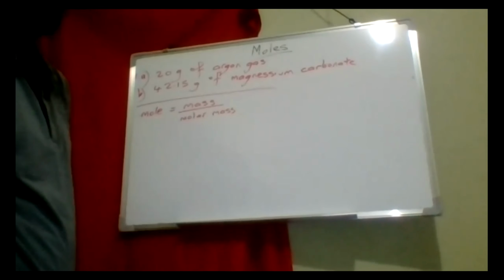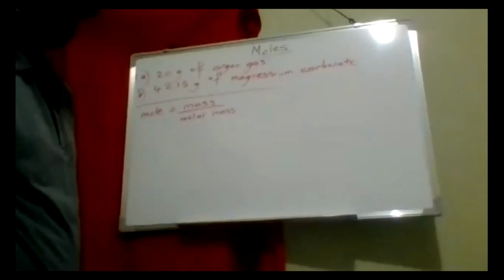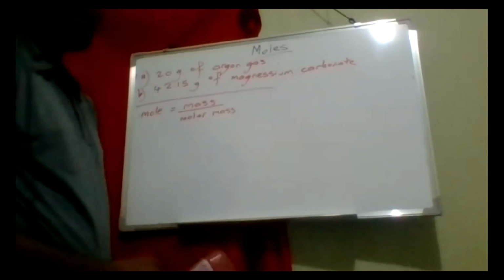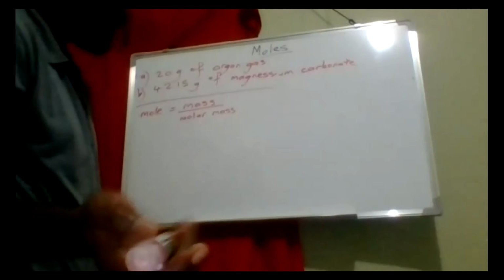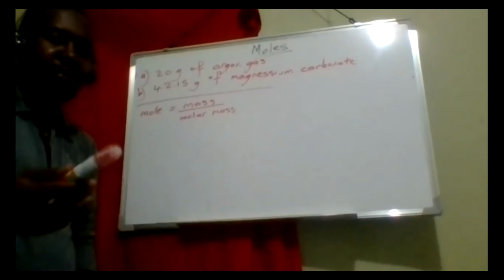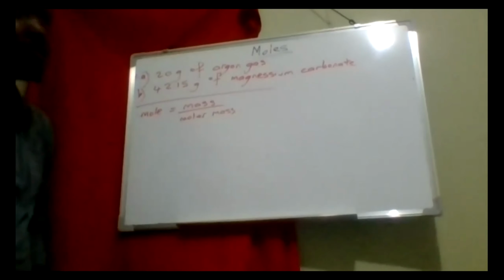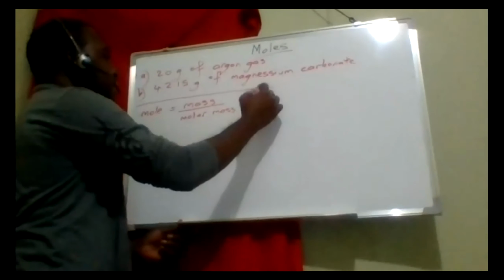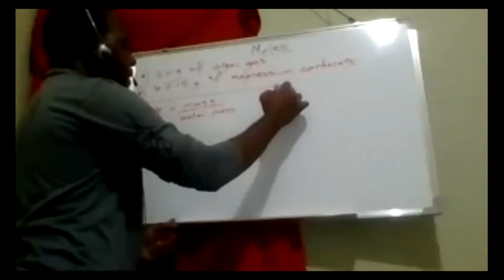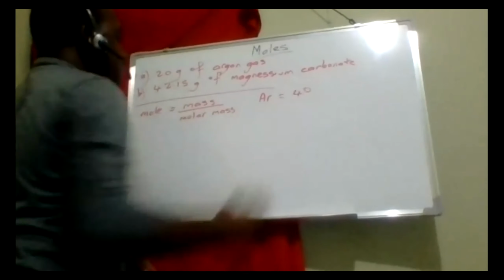Because it's in group 8, not group 7. So that means it's not reactive. It will never react, not even with itself to bond. Therefore, argon gas is just Ar, and the mass of argon is 40.